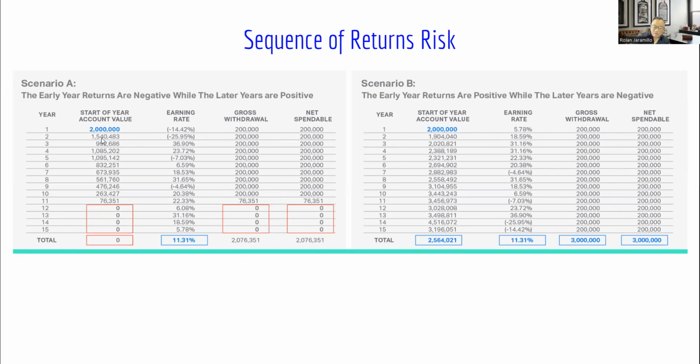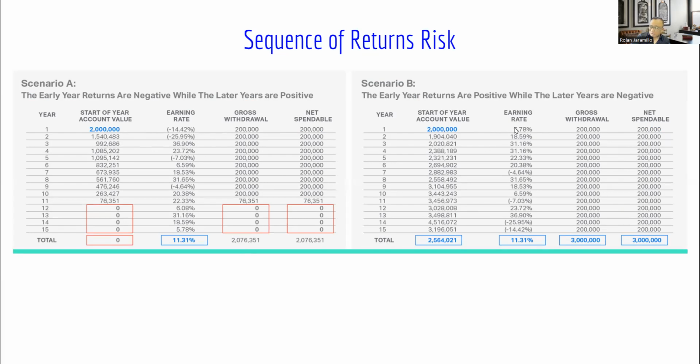At the end of the first year, at the beginning of the second year, you've got 1.5 million left of that 2 million. Well, you still have to live, so you take another 200,000 to live on for that year. But the market takes another dip. After 2 years of distribution of 200,000 and two market dips, you've got less than half of what you started with.